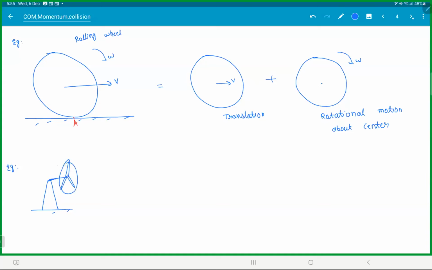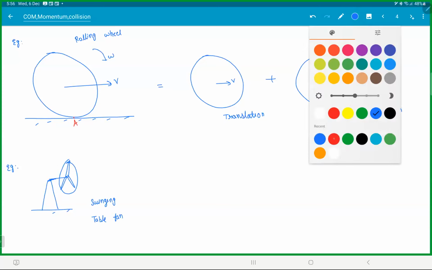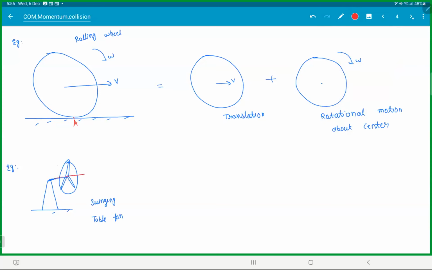Let's say we have a fan here which is swinging, a swinging table fan, or a table fan on swing mode, basically. If you look, this fan is rotating about this axis, and this whole setup is also rotating about this axis.